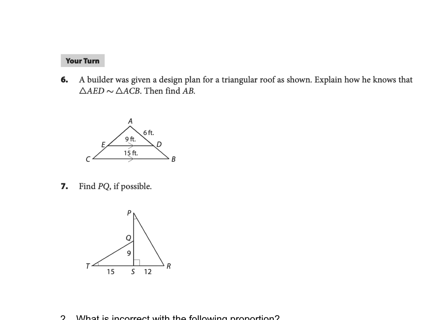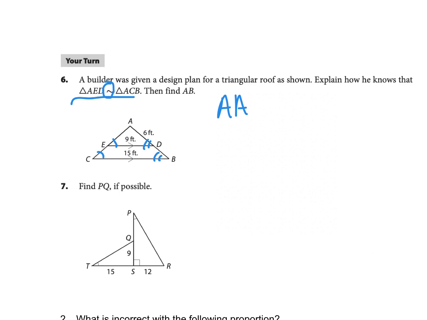Explain how he knows that these two triangles are similar. Well, parallel lines cut by a transversal. Those are corresponding angles. And the same here. So I got two angles that are the same. So similar triangles by angle, angle.